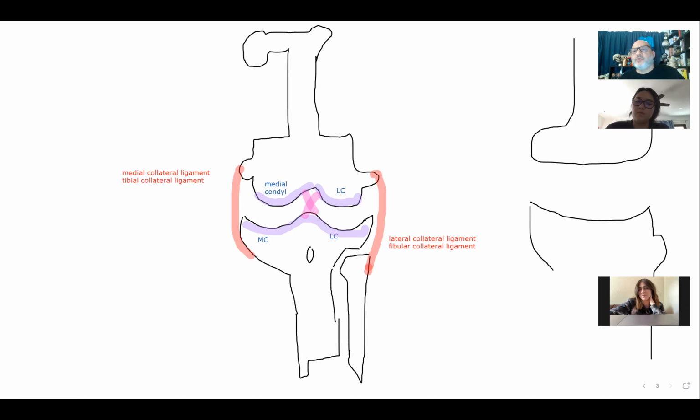There are two ligaments, and we'll make one light in color, and we'll make one dark in color. Both of them start anteriorly, both of them project posteriorly, and these two ligaments cross. So what do we call these crossing ligaments?